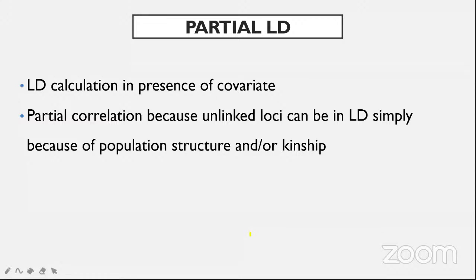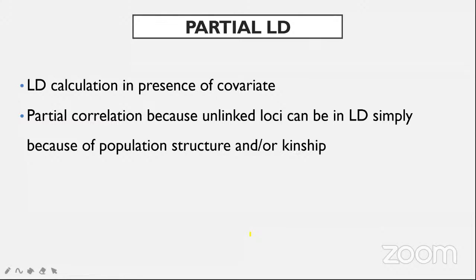For example, if you take a plant population, the country might be a covariate. If you're talking about humans, age or sex might be a covariate. Partial correlation is necessary because unlinked loci can be in LD simply because of population structure and kinship.